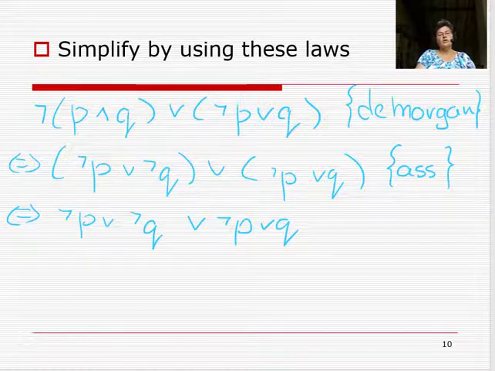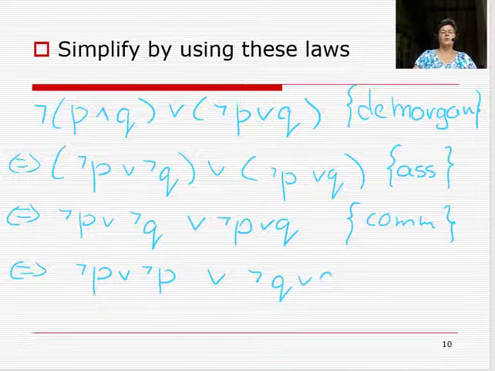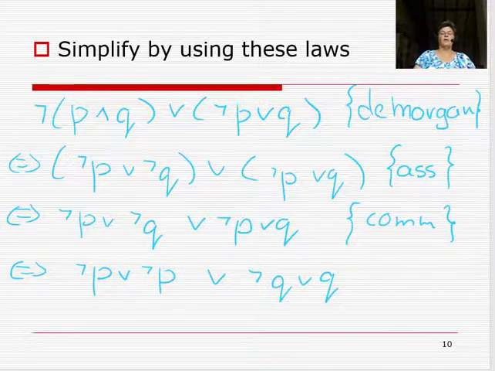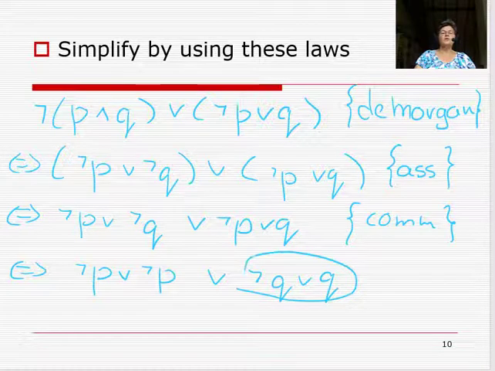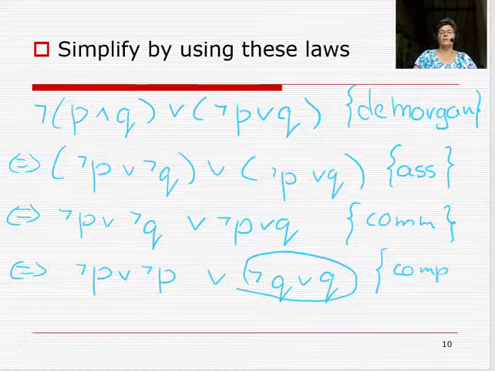And then let's just put all the P's and the Q's together by using the commutative law. So we put the P's together, not P or not P, and we put the Q's together, not Q or Q. Okay, let's do the last one first, not Q or Q, complement law.